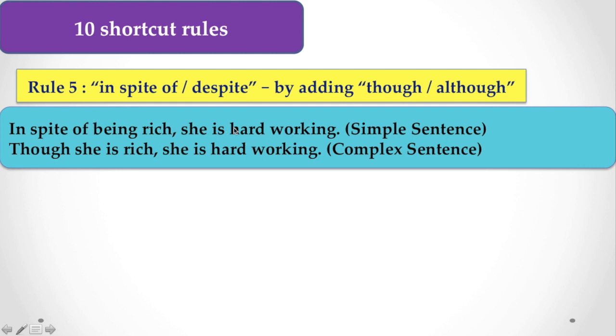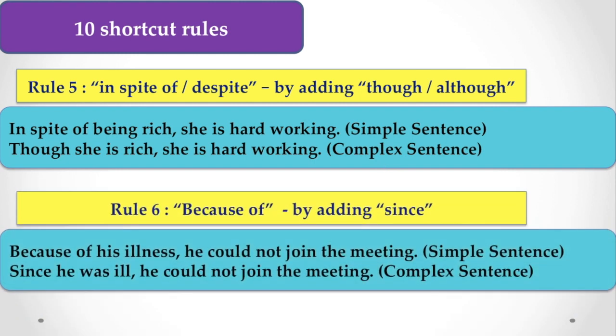This is an example of a simple sentence where there is only one finite verb. When you are asked to make it a complex one, you have to use though or although: "Though she is rich, she is hardworking." So, this is a very good formula. If you see this type of word in a simple sentence, you just add though or although to make it complex.